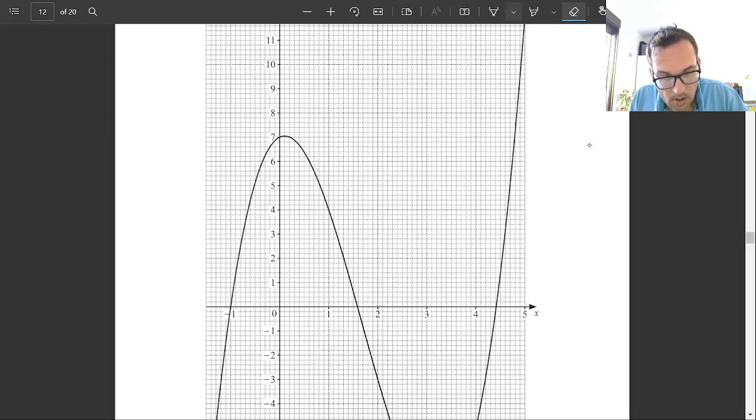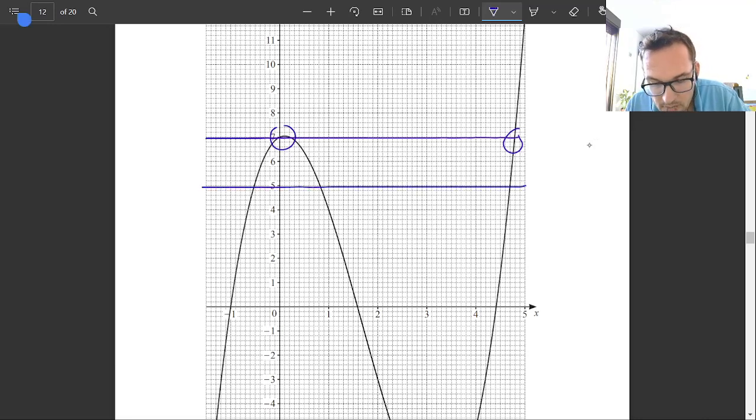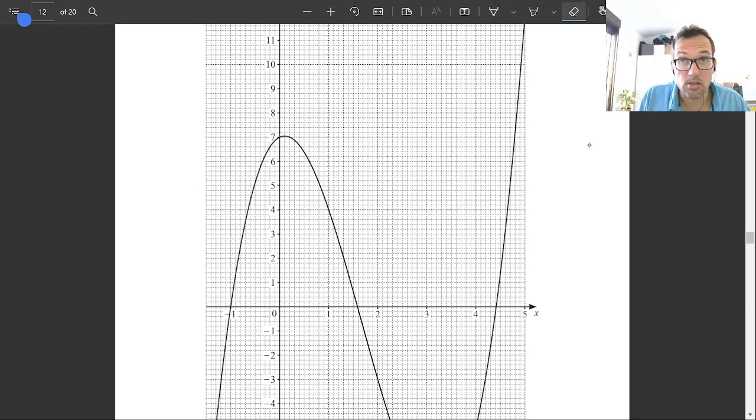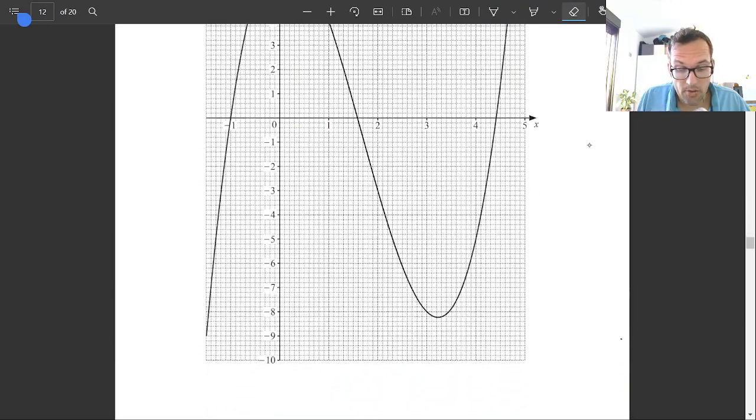Okay. If k was 7, it looks like, maybe not exactly, maybe a little bit more than 7. We might have had 1, 2 solutions, or maybe 3. Like if k was 5, which is y equals 5, we would have had 3 solutions. So what they're asking for is, what is the smallest integer where we have 3 solutions?